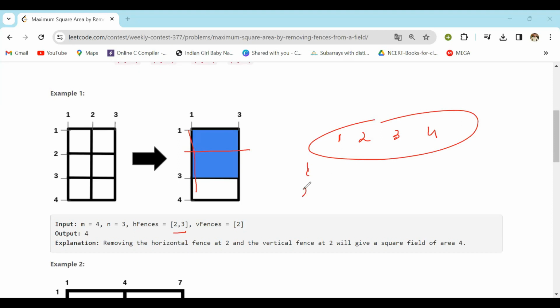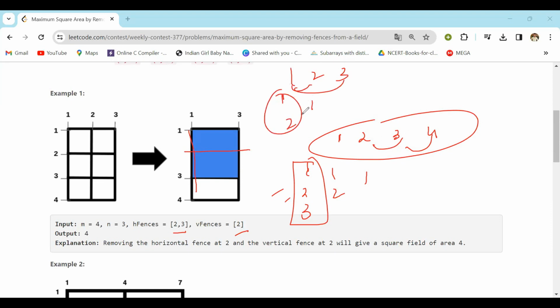One, two, three. Again from here one, two. Here again one. So we have one, two, three. There are three different possibilities. So vertically we have one, two, three. Again the possible ones are one, two, one. So one and two. What's the highest common among both arrays? Two. So our square area is two into two, four. You understood my point, right?